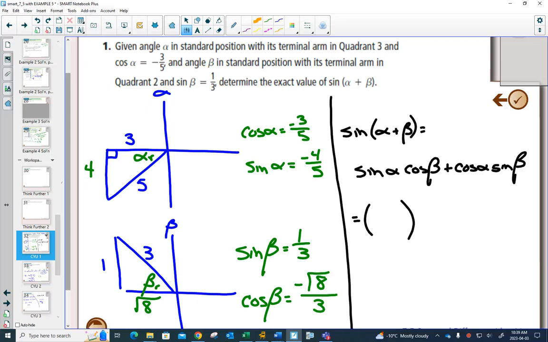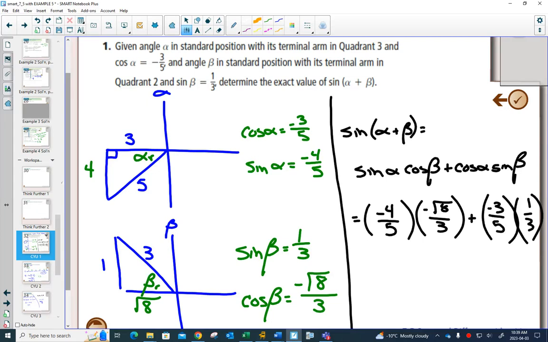Even though we don't know alpha, we can take this whole thing of sine of alpha and replace it with 4/5. Same thing, we can take the whole thing of cos of beta and replace it with -8 root 8 over 3. The whole thing of cos of alpha and replace it with -3/5. And the whole thing of sine of beta and replace it with 1/3.